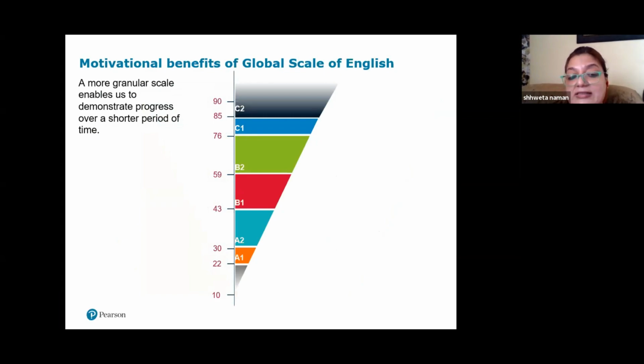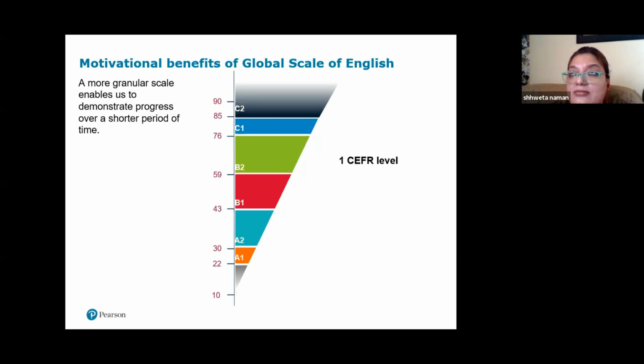The advantage is that we know how we are progressing, what level we are exactly at. If it is 33 or 34, in CEFR we would just say A2 level. But what level of A2? The starting level of A2 or the end level? So that helps us define very objectively the level of students or learners in the English language.